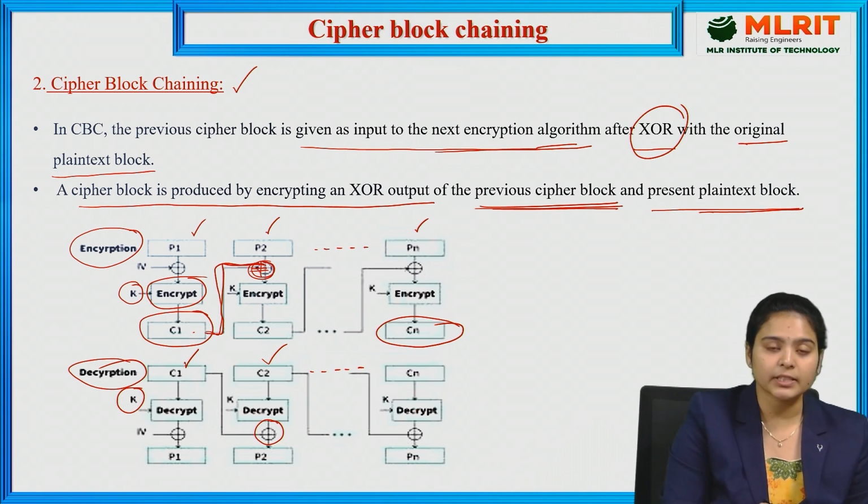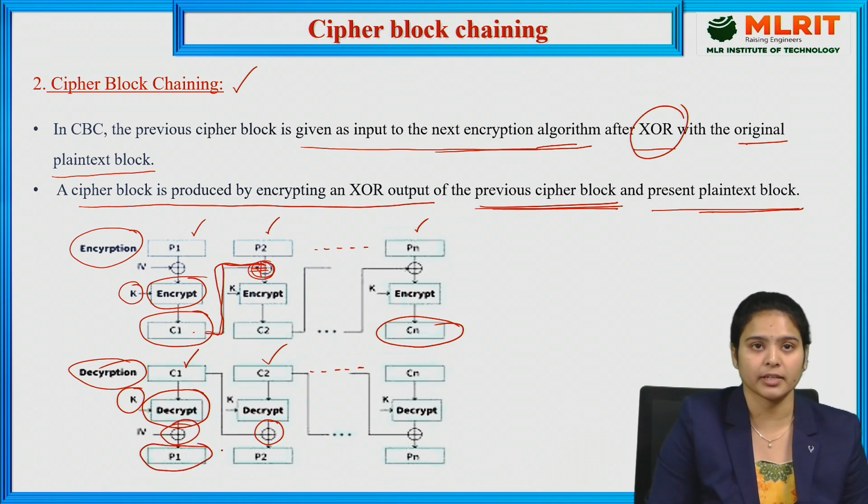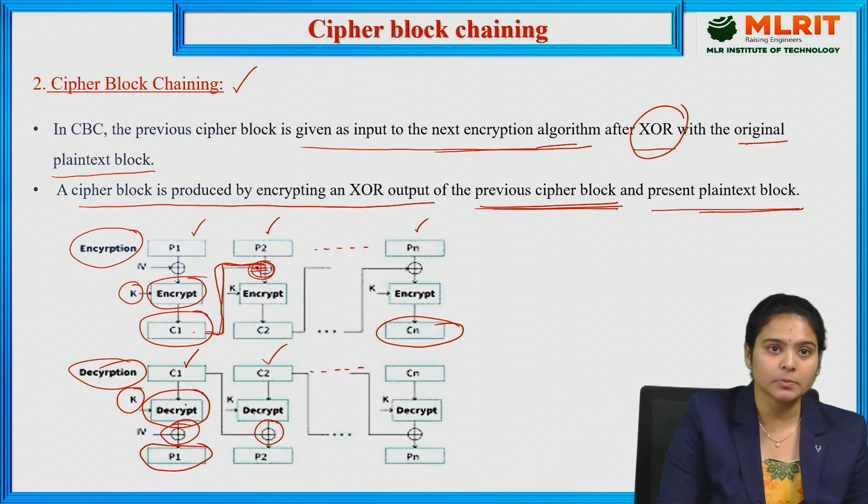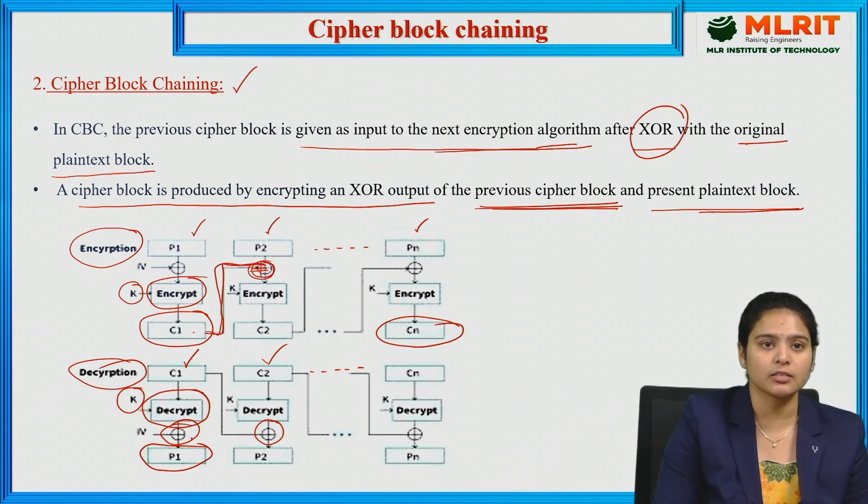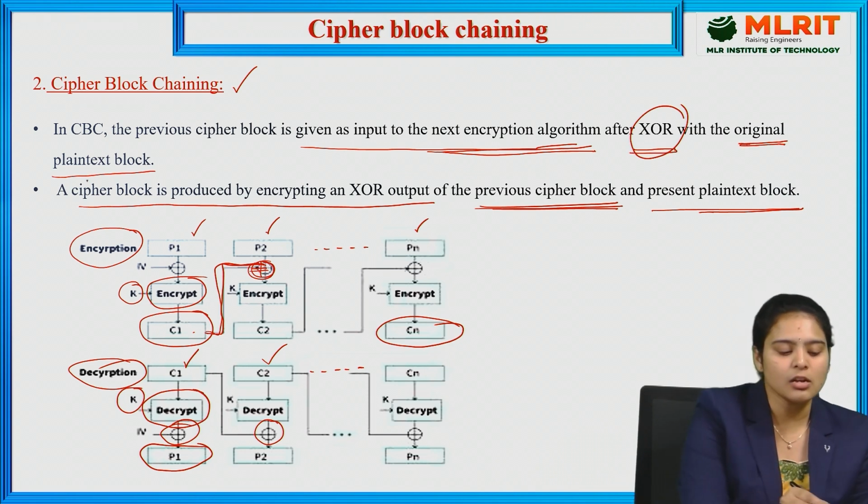So the ciphertext C1 is decrypted, and by using the XOR operation, we get the plaintext format. So the plaintext is obtained after the decryption process and after the XOR process, and we will get the original plaintext block. See here, the input to the next encryption algorithm, after the XOR operation, gives the original plaintext block.